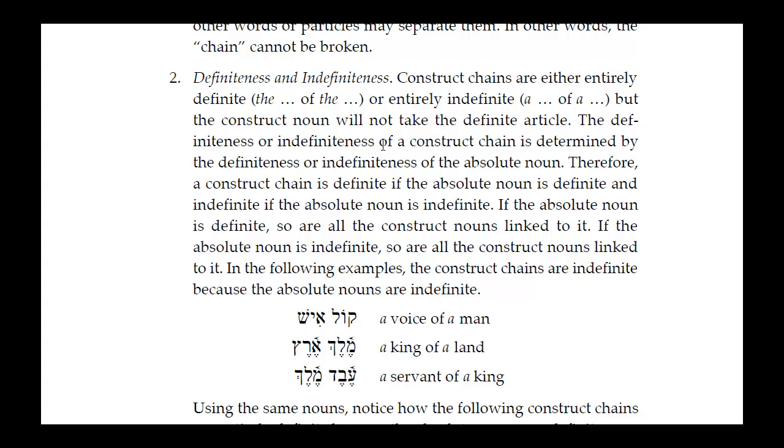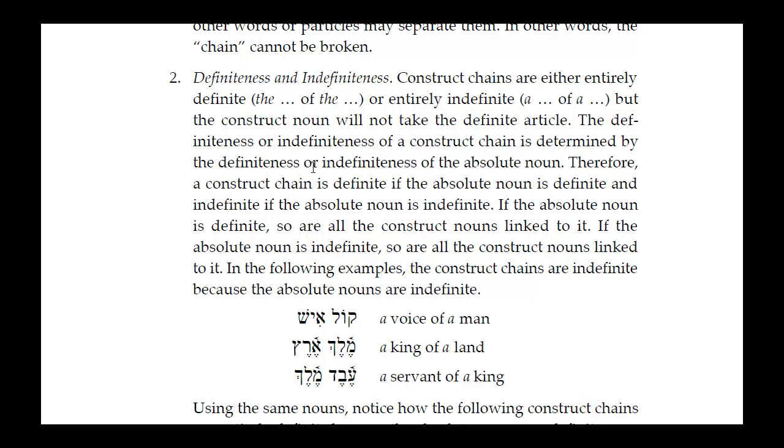But the construct noun would not take the definite article. The definiteness or indefiniteness of a construct chain will be determined by the definiteness or indefiniteness of the absolute noun. That's very pivotal. You look to the absolute noun to determine whether the chain is going to be definite or indefinite. Either the absolute noun will have the definite article or it won't.